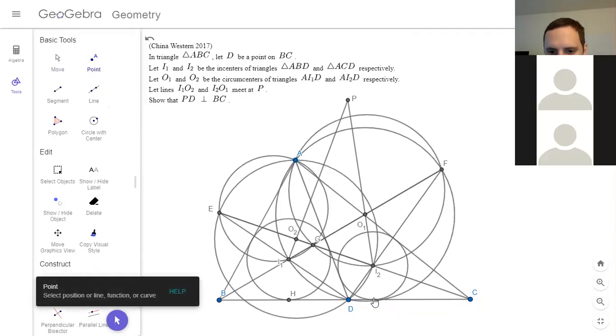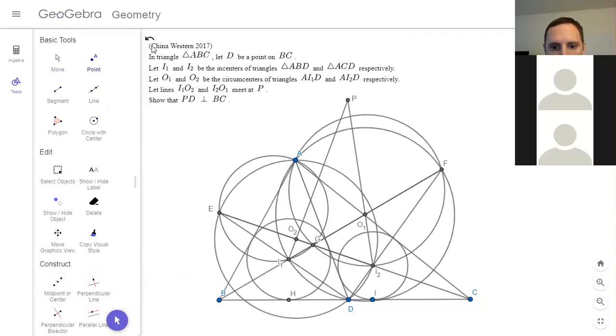I want to draw this other point right here. There we go. So I1H and I2I, we want to show they're parallel to PD. We know they're parallel to each other.